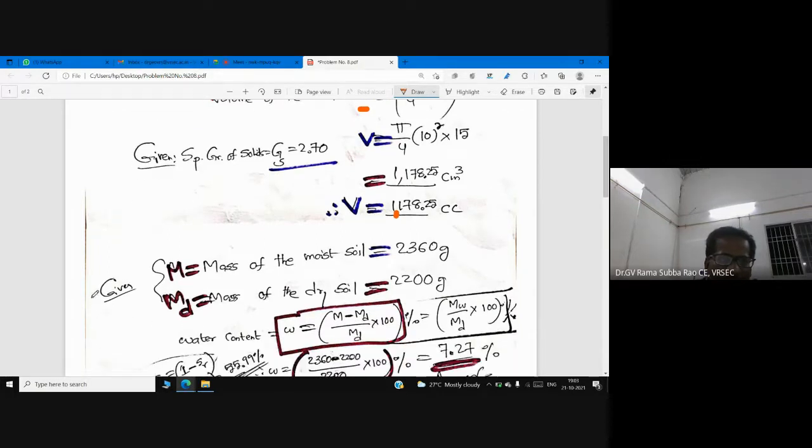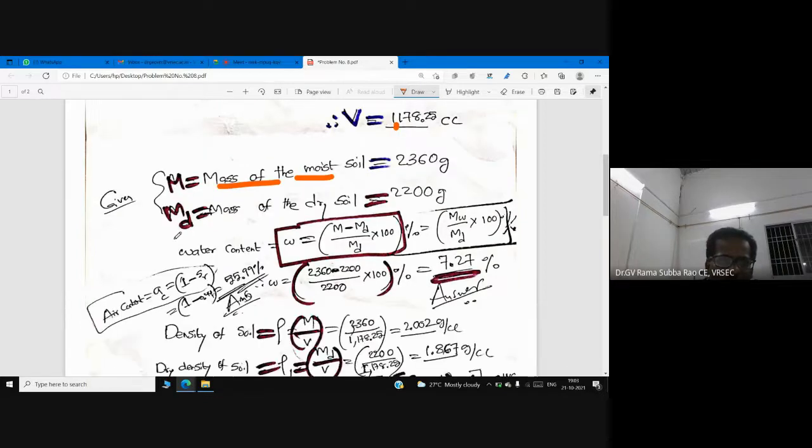Now the questionnaire has given the mass of the soil, that means the total mass of moist soil, and he has given the mass of dry soil, that is 2200, as we already discussed. With this information, we can calculate water content. Water content of soil is equal to, as we are repeatedly telling, mass of water present in soil by mass of dry soil. To compute the mass of water, we do M minus Md.